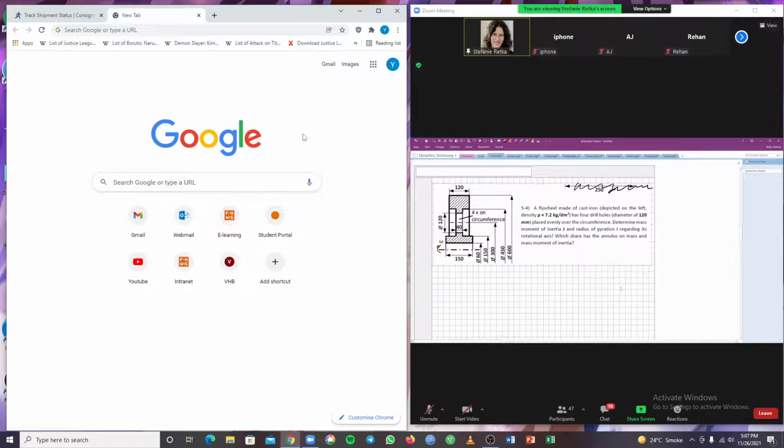Okay. What do we have? We have a flywheel made of cast iron. The answer here is given, and it has 4 drill holes of diameter of 120 millimeter, which are placed evenly over the circumference. We have to find the mass moment of inertia and the radius of gyration regarding the rotational axis. And then it's also asked for the share of the annulus on the mass and the mass moment of inertia.